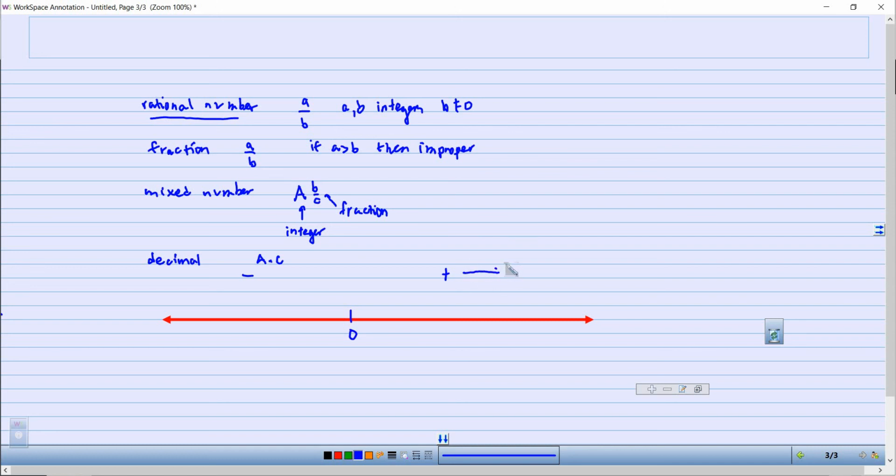As we go this way, the values get larger, and as we go this way, the values get smaller. If we want the values to get larger, we can add a positive. If we want the values to get smaller, we can add a negative.